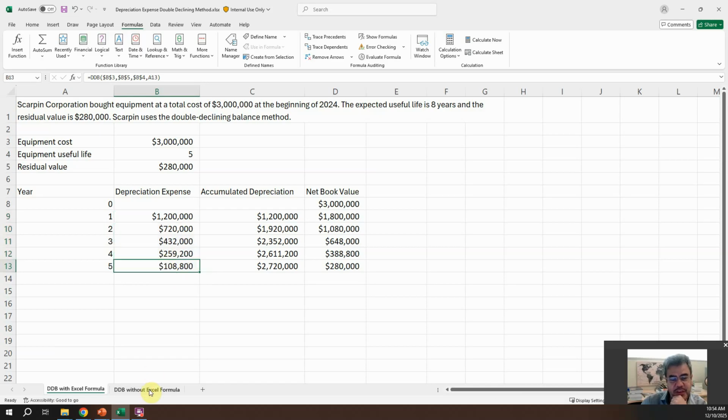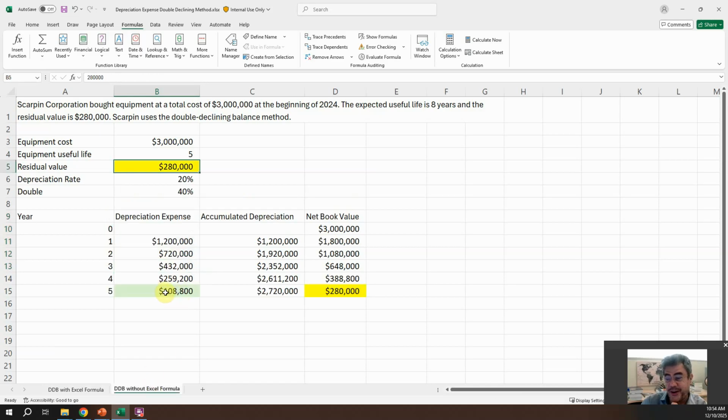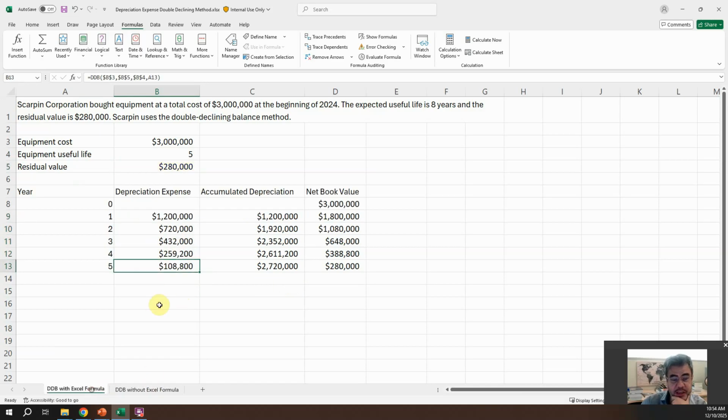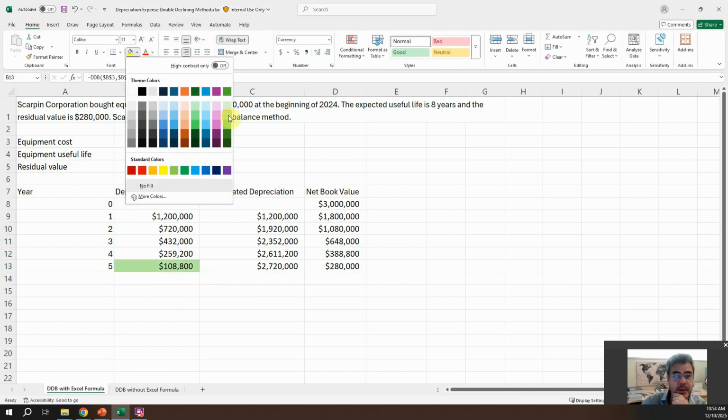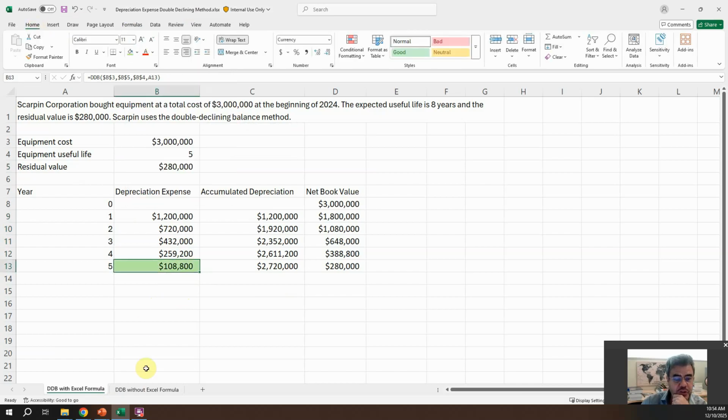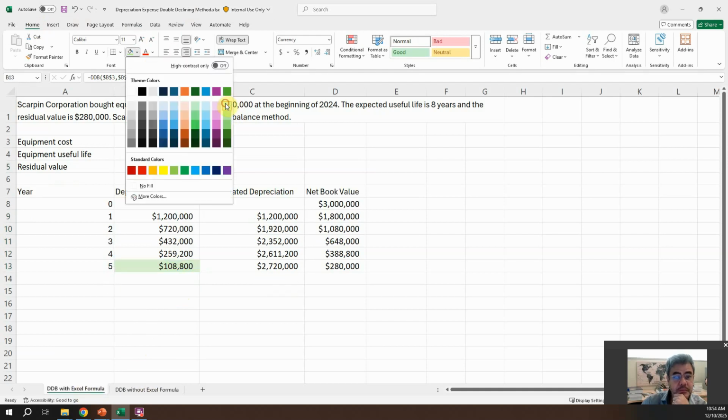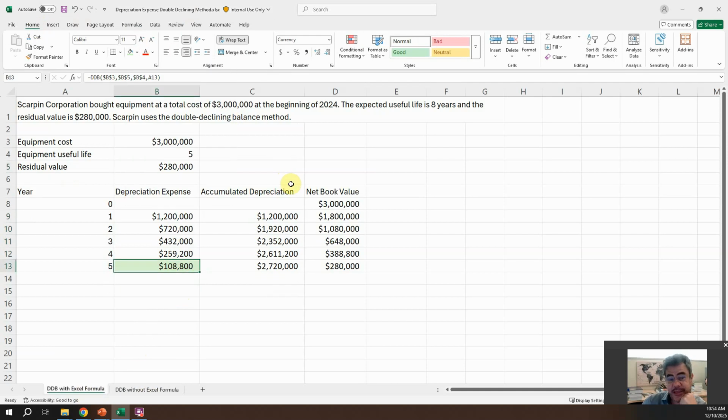See, for the 5th year, without any manual checking, it is here. The net book value is here. Easy, huh?